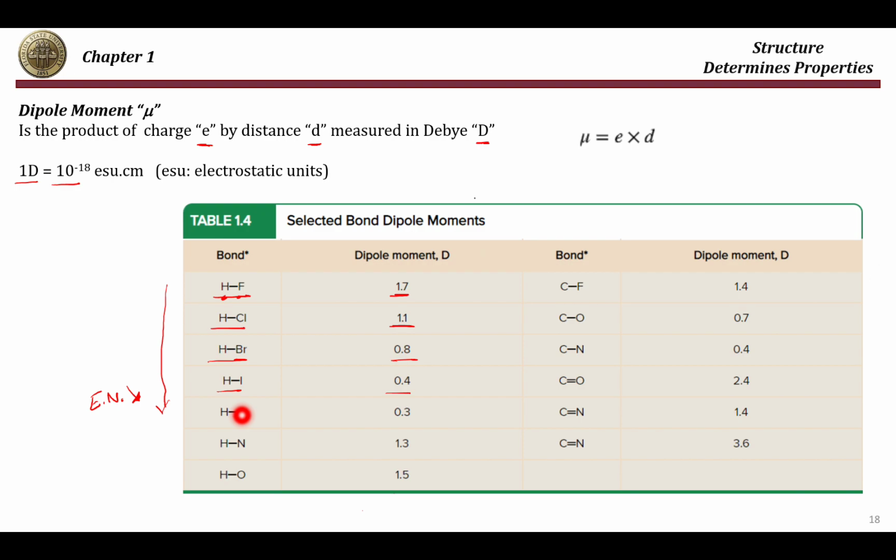So as the dipole moment decreases, this means that the bond is less polar. Again, if we compare carbon-fluorine, carbon-oxygen, and carbon-nitrogen bonds, we can see that the dipole moment is decreasing because of the decrease in the electronegativity difference.